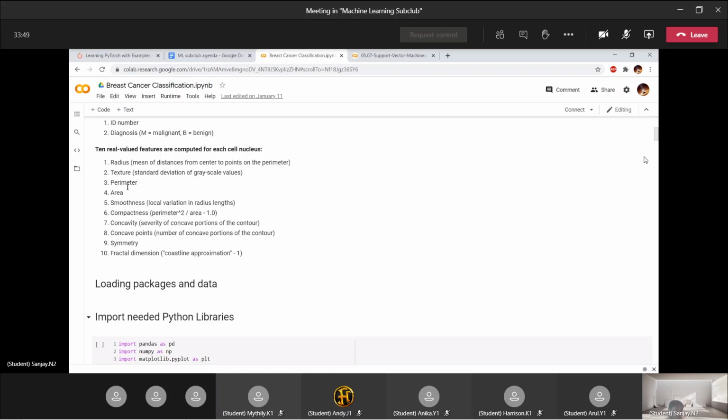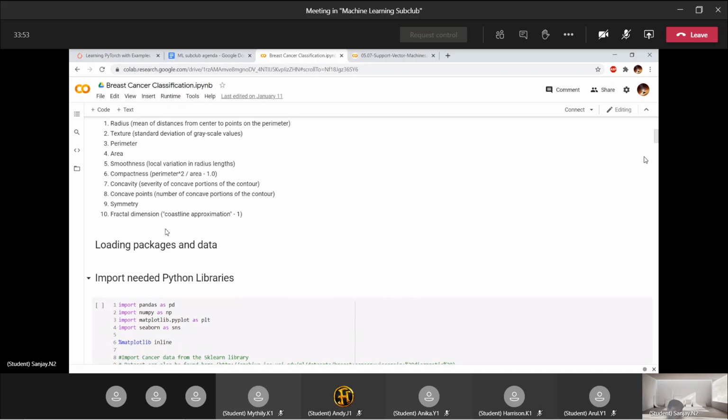Then they calculated the perimeter of the tumor, the area of the tumor, and the smoothness of the tumor, which is calculated as the variation in radius lengths between the different points. So if something has small variations, it's basically perfectly circular, and it'll be considered very smooth.